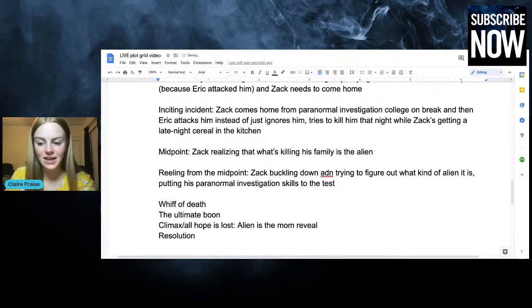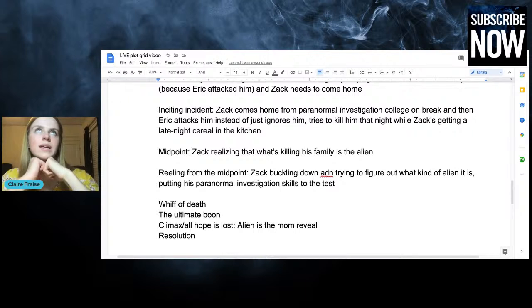The whiff of death is the point... I'm trying to remember how they described it in the book. The whiff of death is the point where the stakes are really high, and if the characters can't pull off what they're trying to pull off, the consequences are going to be disastrous.